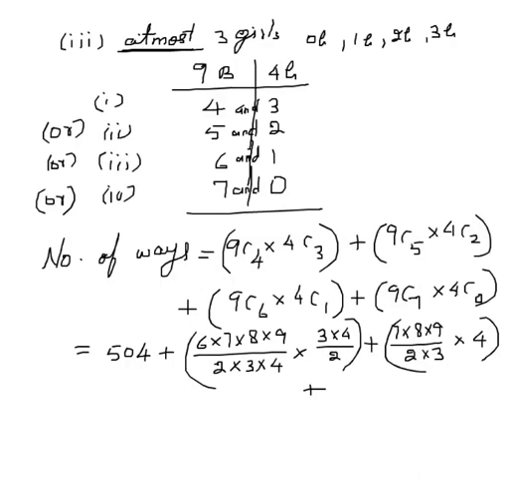And then the last term, 9C7, 9 factorial by 7 factorial into 2 factorial. Cancel 7 factorial, 8 times 9 by 2 and 4C0 is 1.